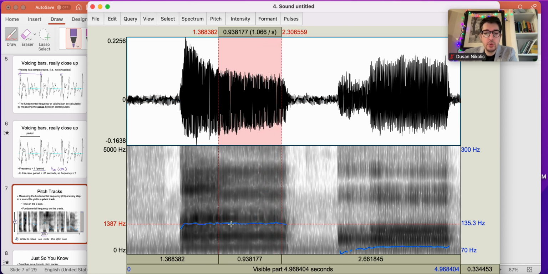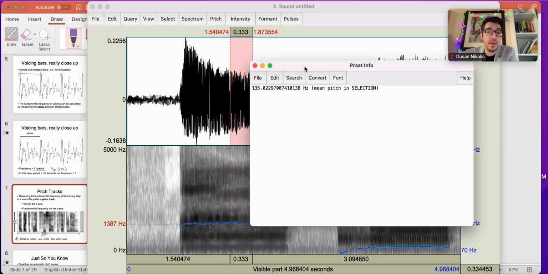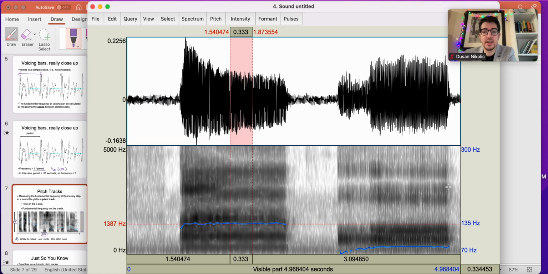So what I'm going to do, maybe grab this part here and get pitch, just to see whether my calculations were somewhere in the ballpark. And yeah, I calculated like 140 and it's 135 more precisely. So that's how pulses, glottal pulses or the voicing bars are related to fundamental frequency, and how fundamental frequency is important, which we will see in a second as well.